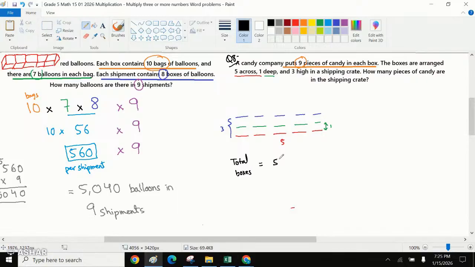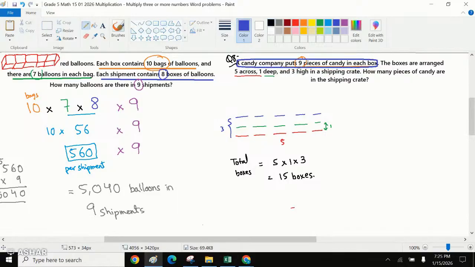There would be 5 on the floor, 1 deep, and 3 as the height. That means there are total 15 boxes, right? Okay. And they have told us that the company puts 9 pieces of candy in each box, right?